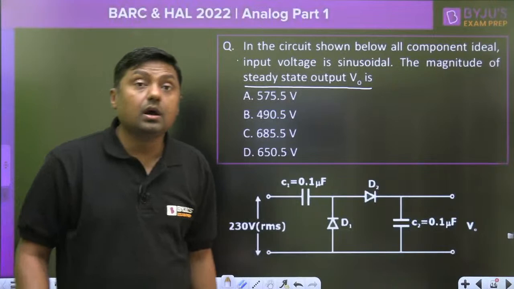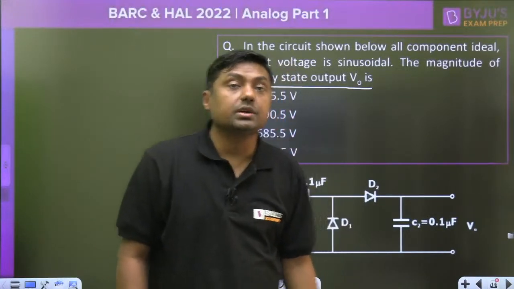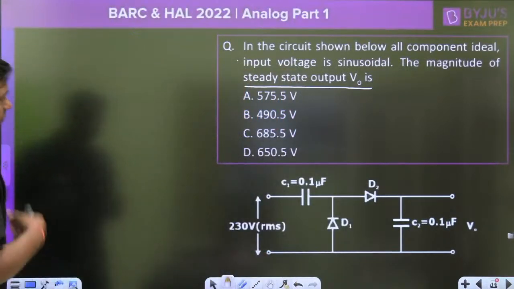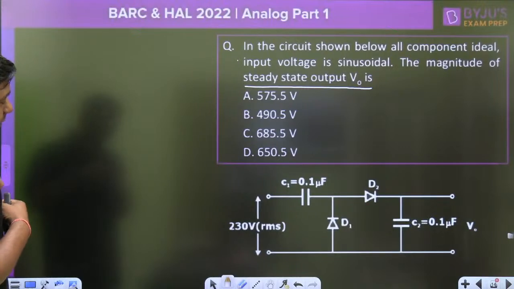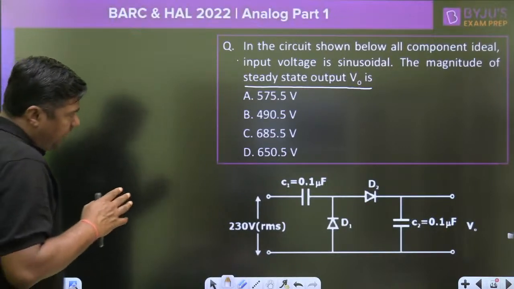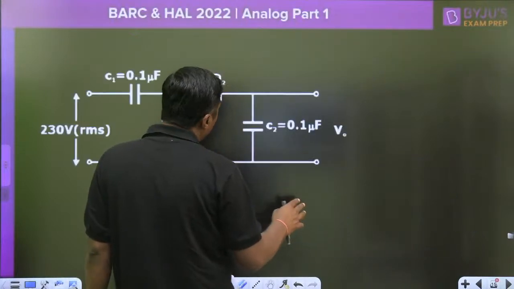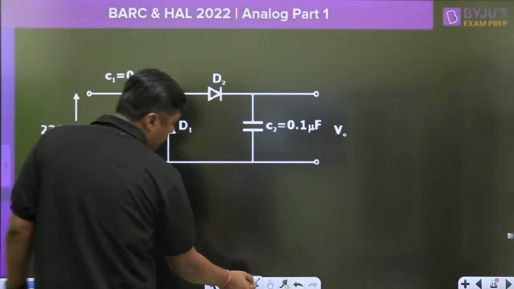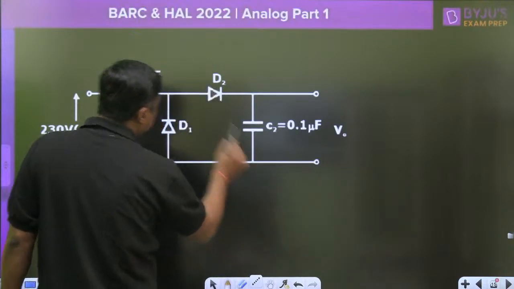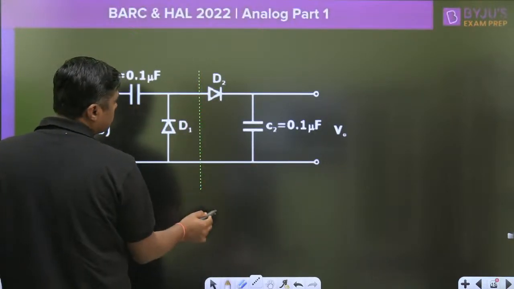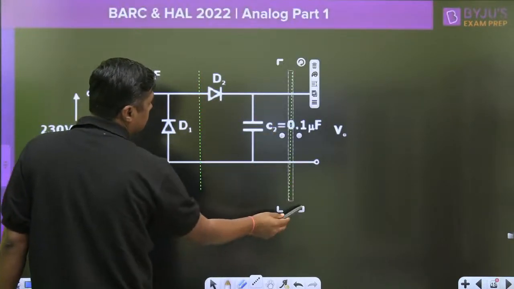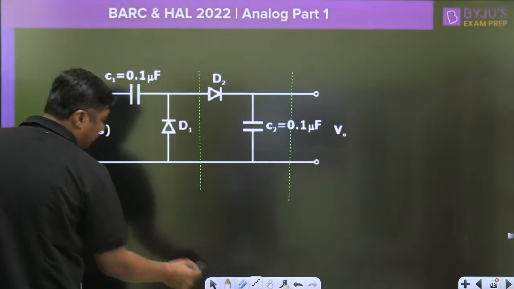The answer is D, 650.5. Now my dear friends, remember that this is a doubler. When we divide it into two parts, the first and then the second part, it is nothing but a positive clamper.